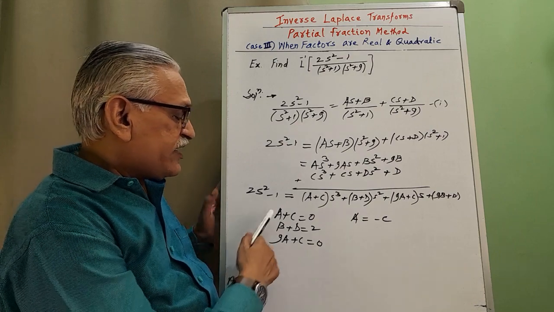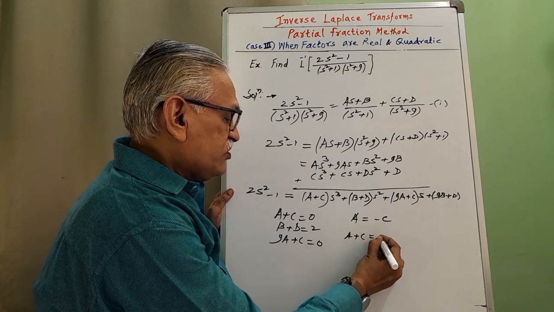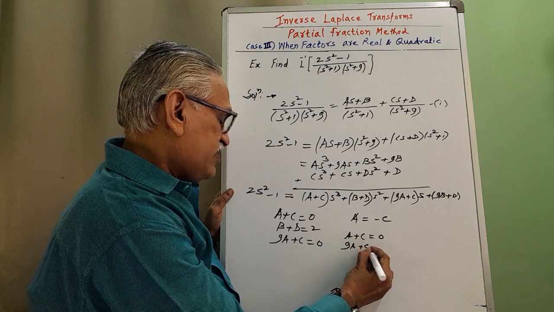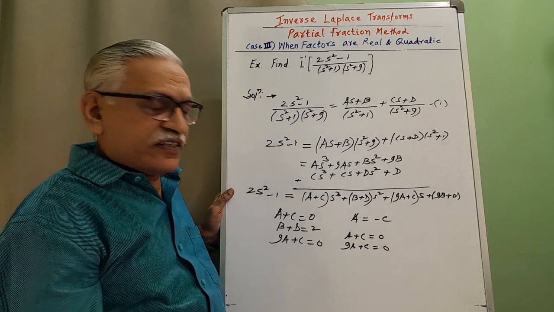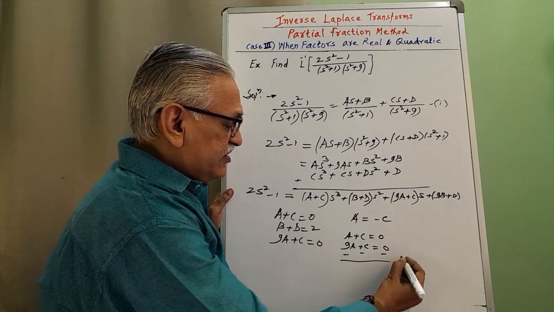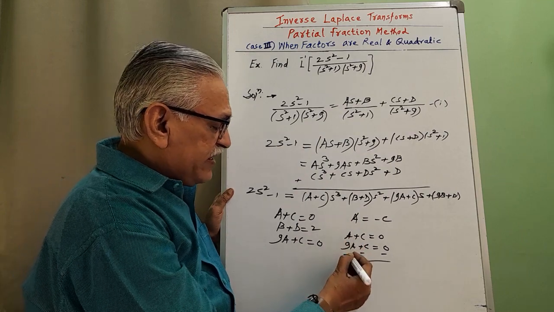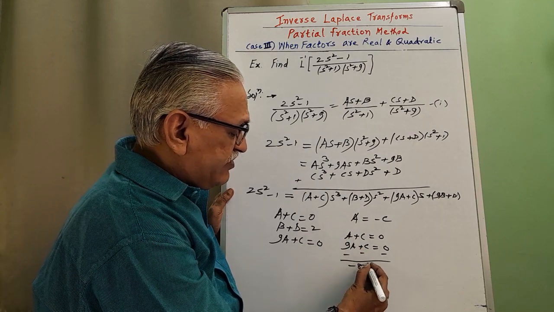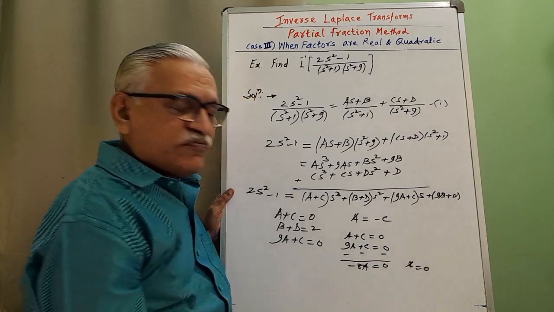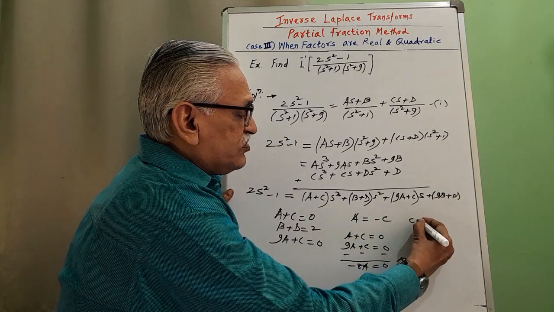Therefore, we have A + C equal to 0 and 9A + C equal to 0. Subtracting this, we get −9A − C, and −C and −C get cancelled. A − 9A we get −8A, as −8A is 0, A is equal to 0, and as A is 0 we get C is equal to 0.